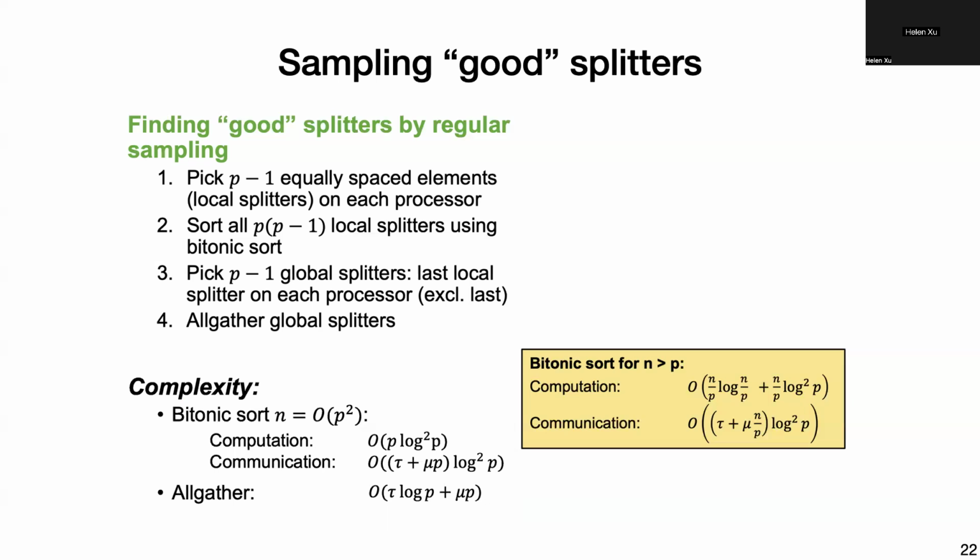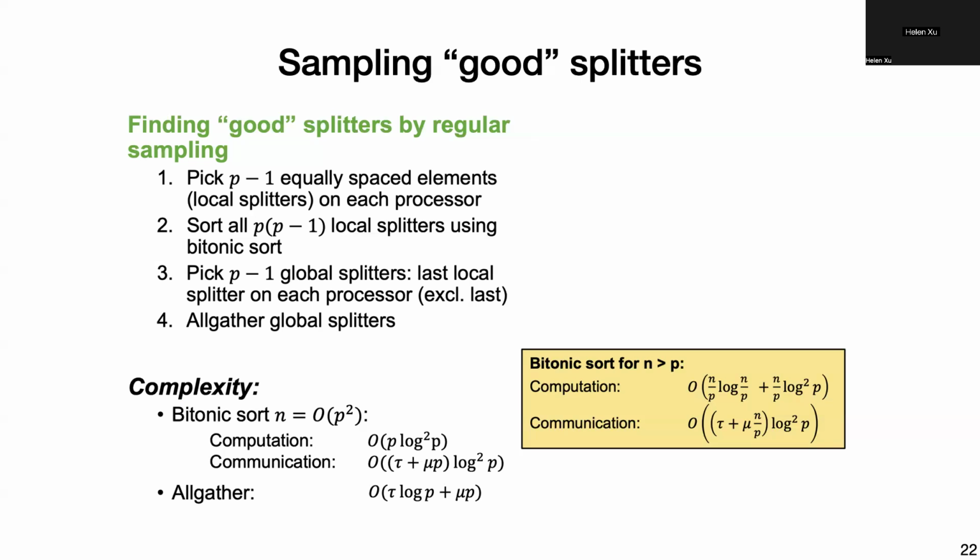For computation, p squared over p, this is like p log p, and this is like p times log squared p. So p times log squared p is clearly bigger than p log p. In communication, you plug in p squared for n.